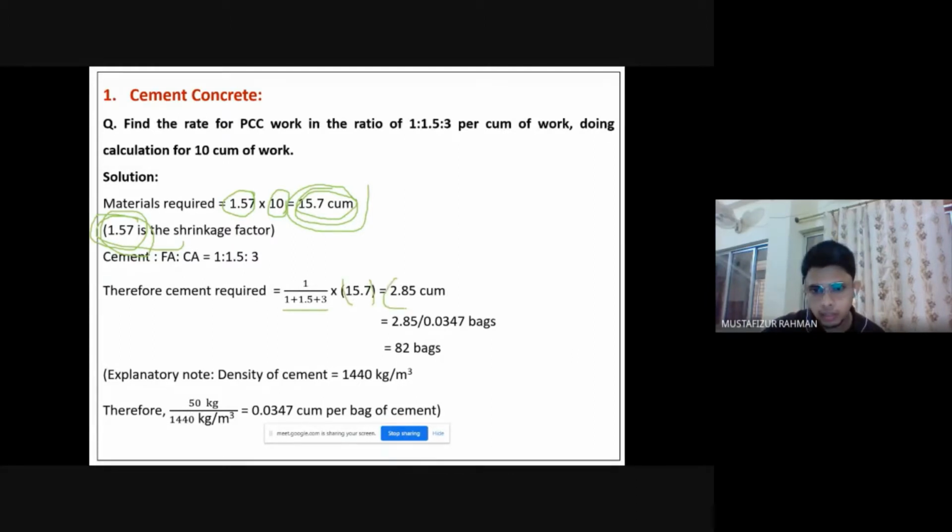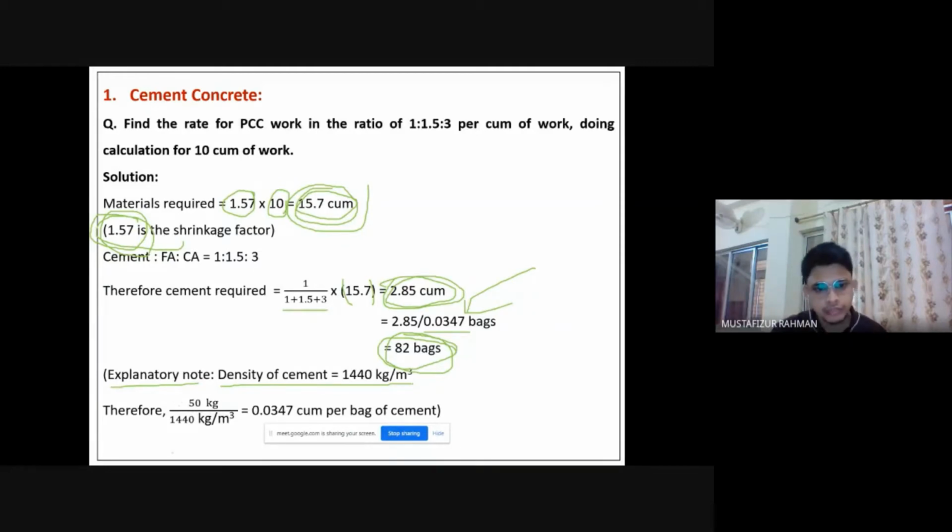Now we get 2.85 cubic meters. If we divide 2.85 by this value, 0.0347, we get the number of bags of cement required. We are getting this value from here: the density of cement is 1440 kg per cubic meter, and we know that one bag of cement weighs 50 kg.